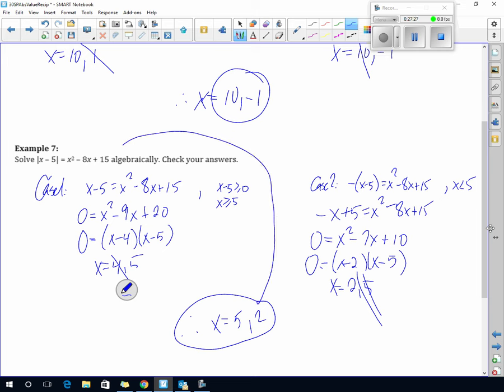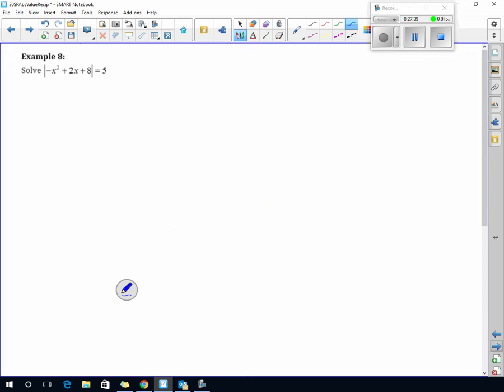Okay, moving on. So we have two cases. Again, the restrictions might not be easy to do for a quadratic, so we're going to check our answers instead, until we do the next unit on how to solve an inequality with a parabola. I can show you it right now if you want, but I don't know if I want to.